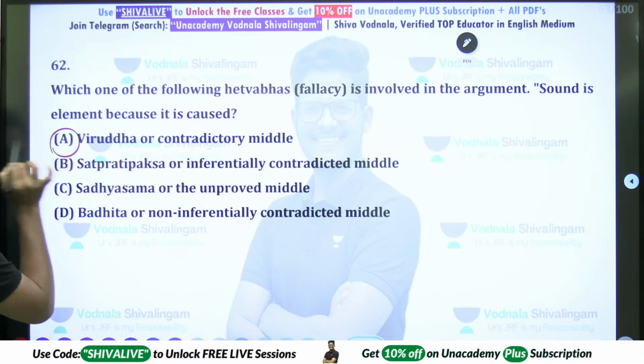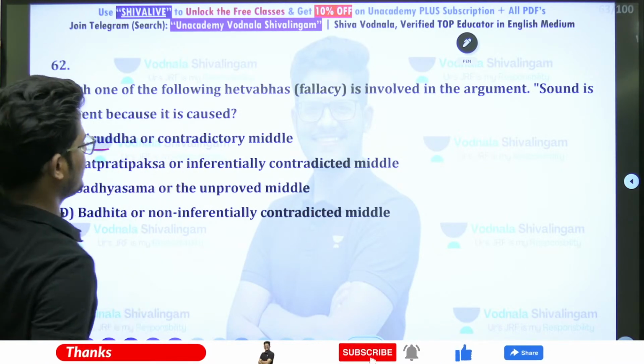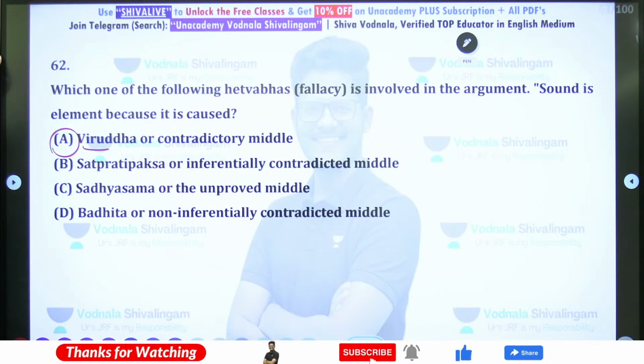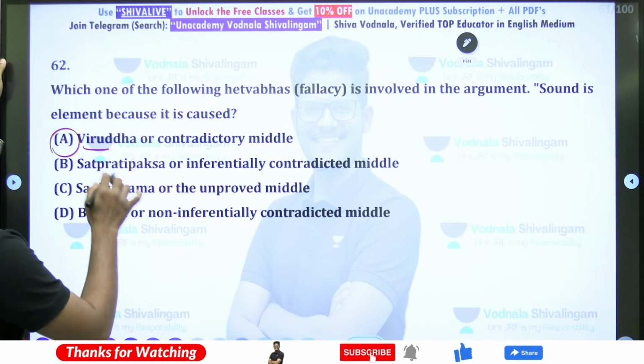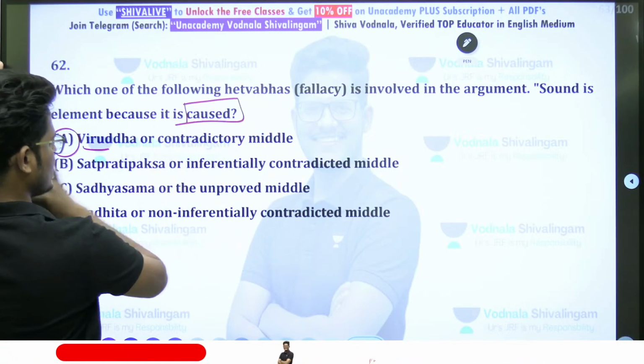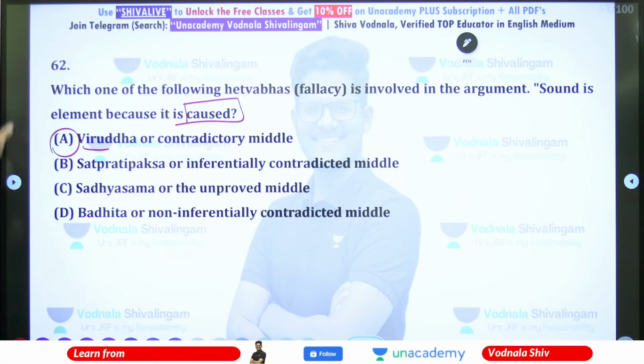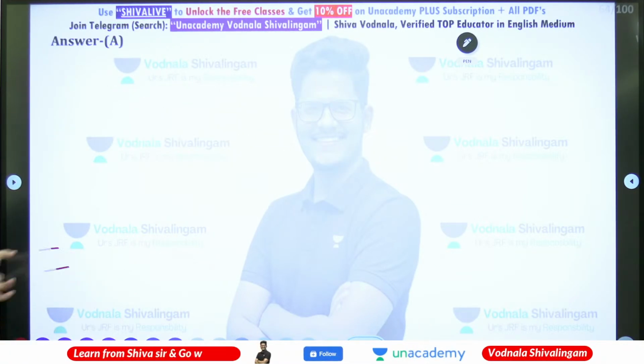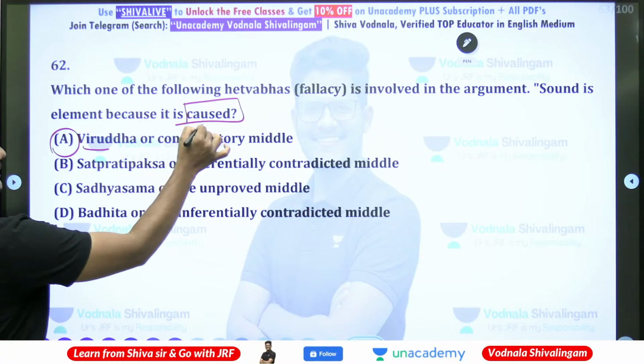Option A is the given answer. Viruddha means a contradictory middle term. Involved in the argument, sound is eternal because it is caused. Being caused is a middle term which is contradictory to the major term. This is Viruddha, a contradictory middle term.